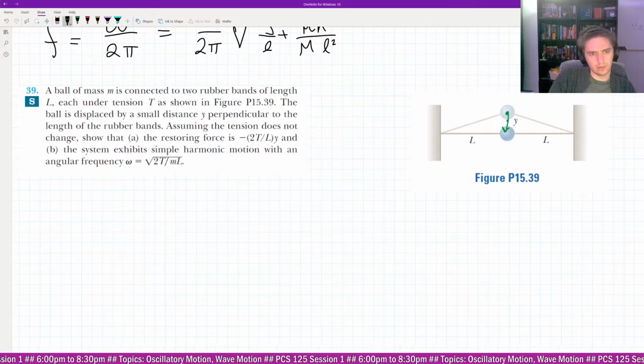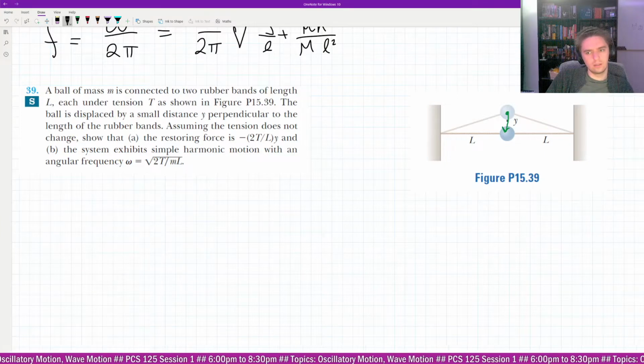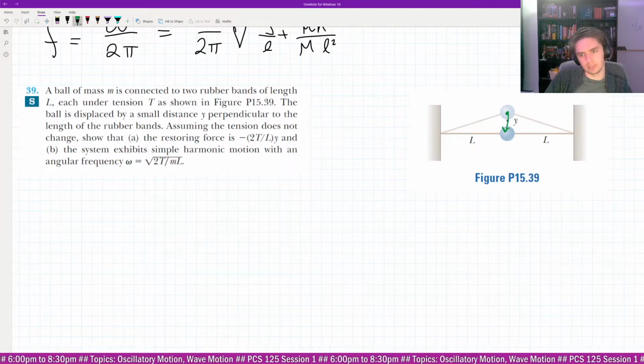It doesn't actually say no gravity, but I think it's no gravity. Or maybe we just don't have to. I don't know. We'll see. But what are the forces acting on it up here? Well, there's the force of tension and the force of tension.